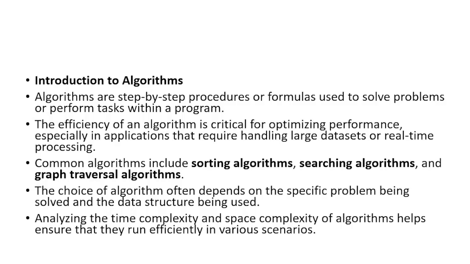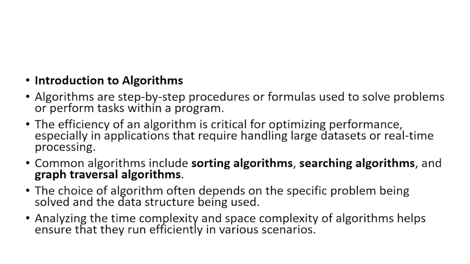Now, the choice of the algorithm will depend upon two things. It will depend upon what we are trying to solve, and the second is what data structure we have used. Let's say if I want to make use of a stack, then in graph traversal algorithms we have DFS and BFS.